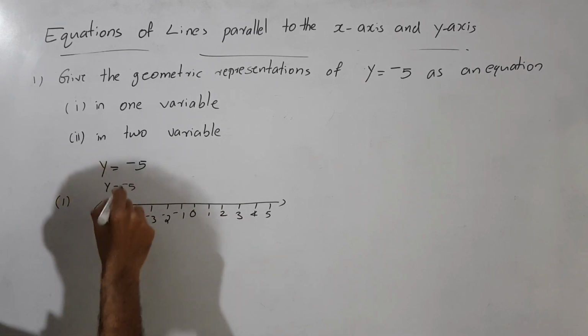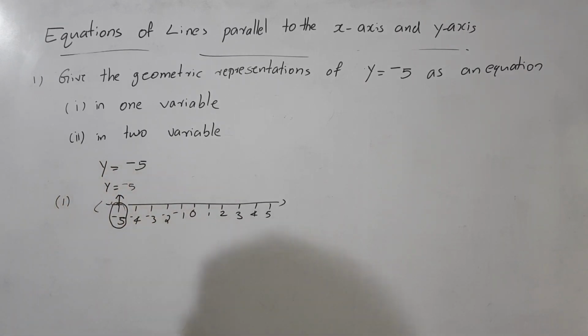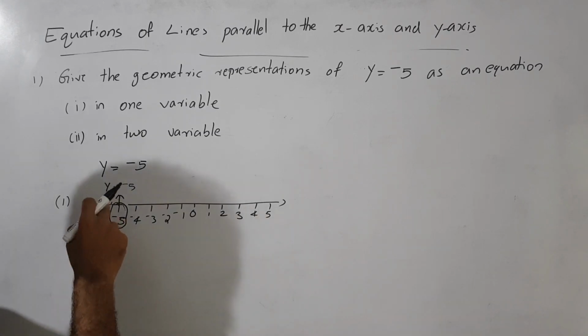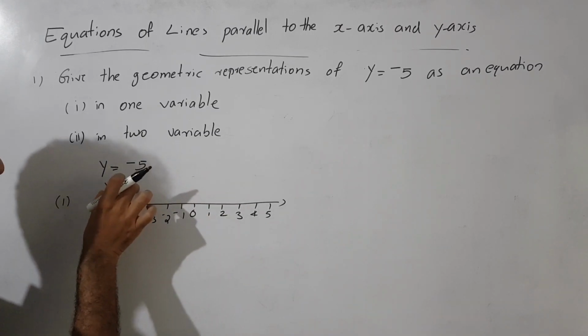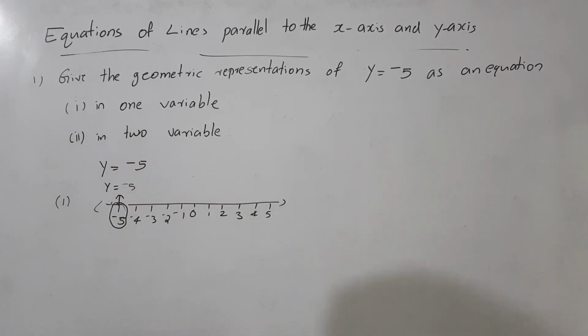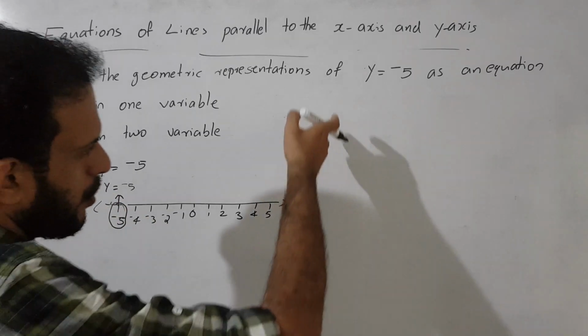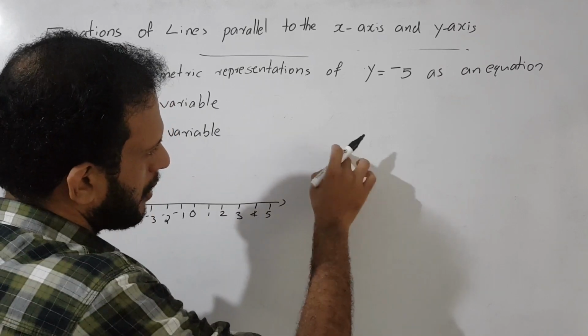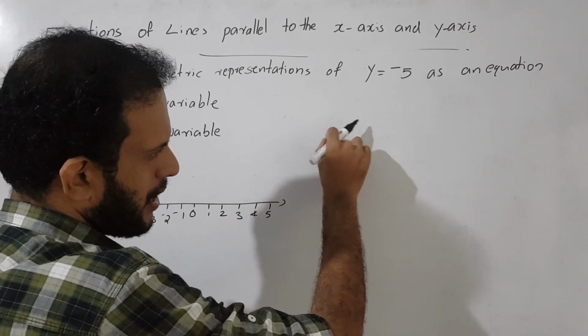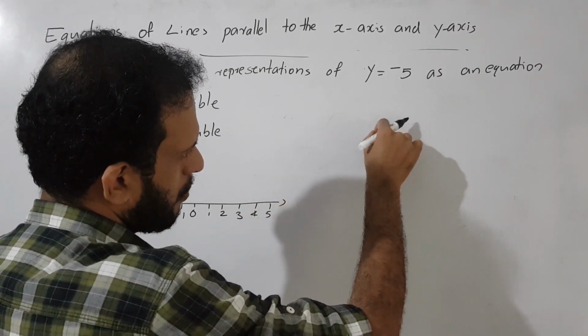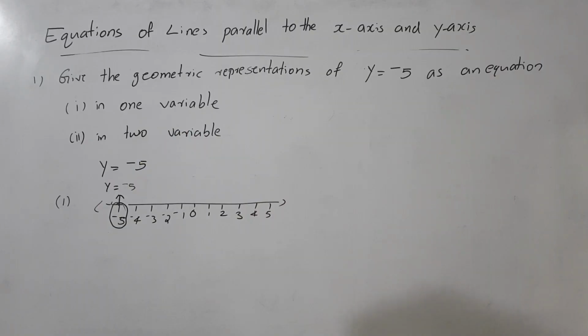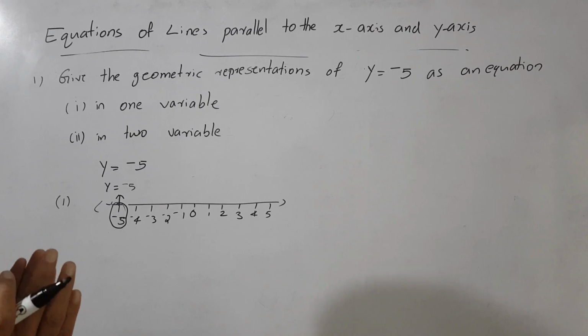This one is the representation of y is equal to minus 5. If you draw the y axis like this and mark the numbers, minus 5 there, just write there y is equal to minus 5. That is the representation we are showing.